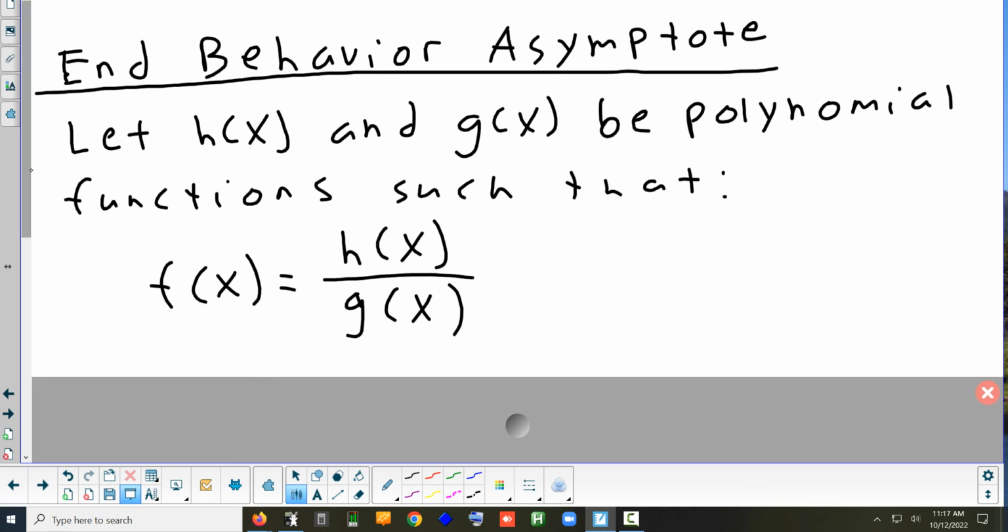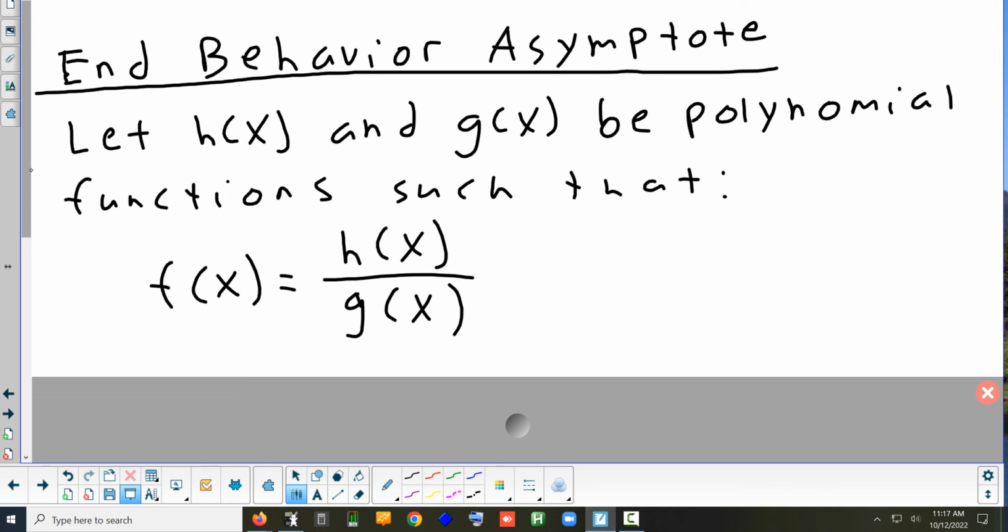When the degree in the top is bigger, there's this other thing that we can find, and it's called an end behavior asymptote. The EBA, which is what I'm going to call it, takes the place of a horizontal. When the degree in the top is bigger, there are no horizontal asymptotes. So no horizontal asymptotes when the degree in the top is bigger.